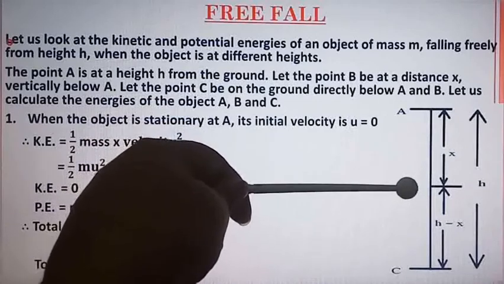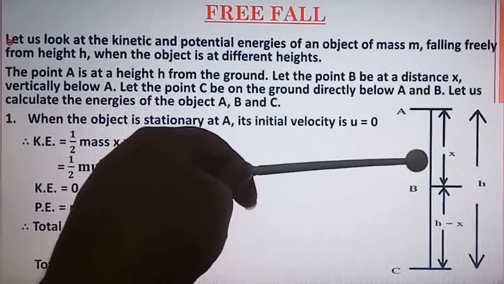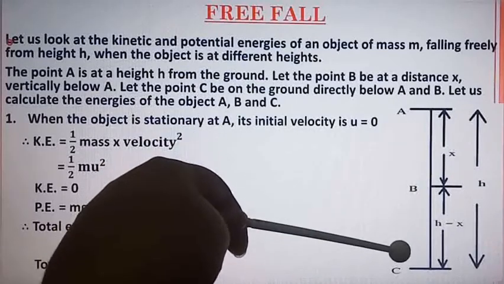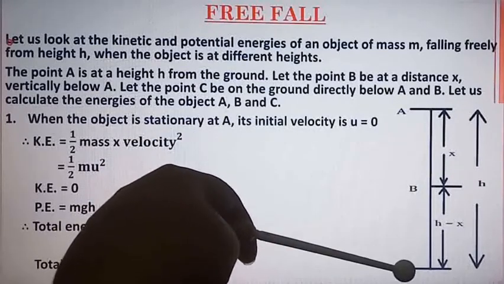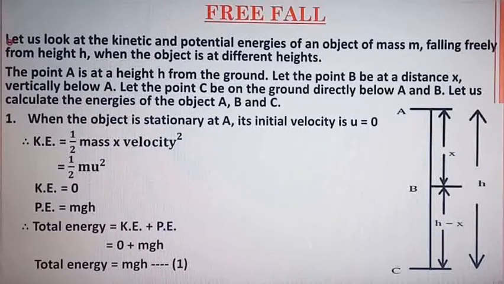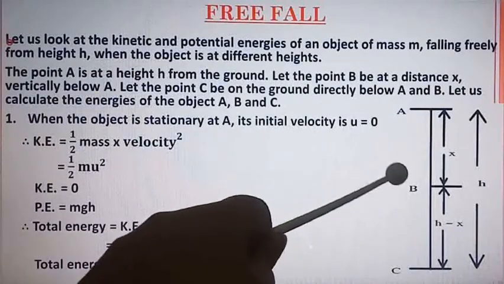Then point B is at a distance x vertically below A. Let the point C be on the ground directly below points A and B. Now let us calculate the energies of the object at all these 3 points.